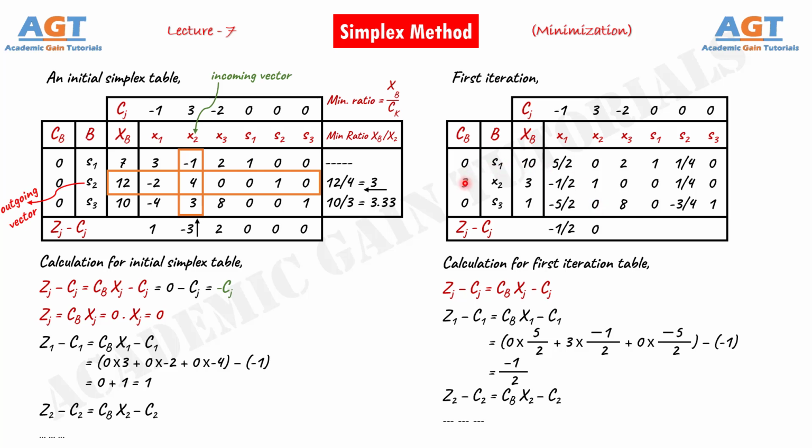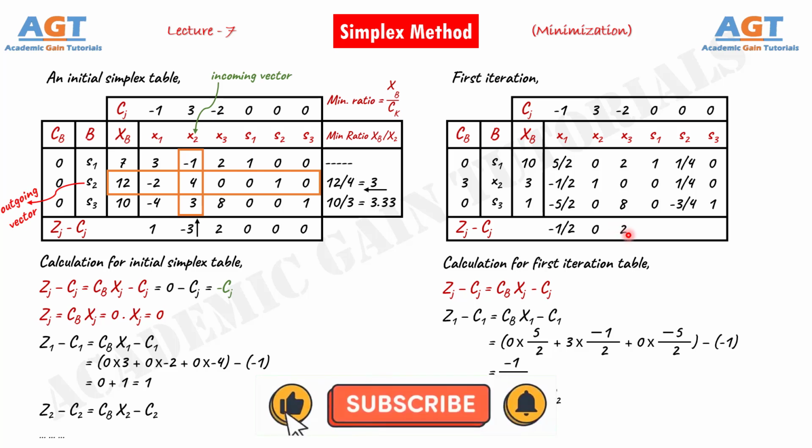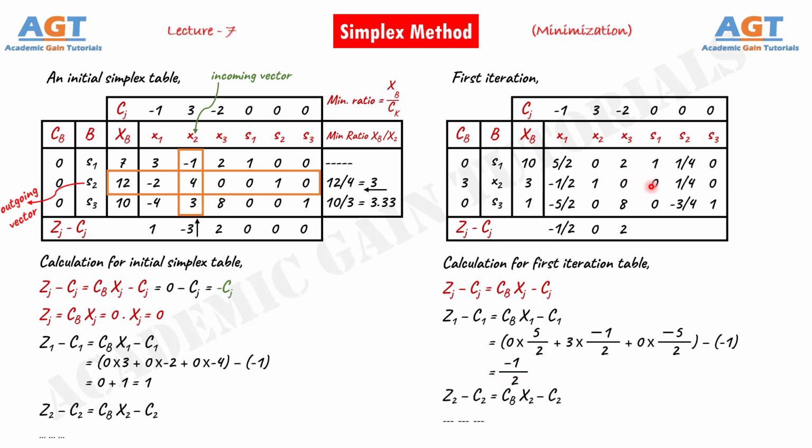Again, 3 into 0 will give us 0, minus Cj. Here value of Cj is minus 2, so minus of minus 2 will be plus 2, so the value of Z3 minus C3 will be 2. Similarly, 0 into 1 will be 0, 3 into 0 will be 0, and 0 into 0 will be 0, minus Cj. Here value of Cj is 0, so 0 minus 0 will be 0, so the value of Z4 minus C4 will be 0.